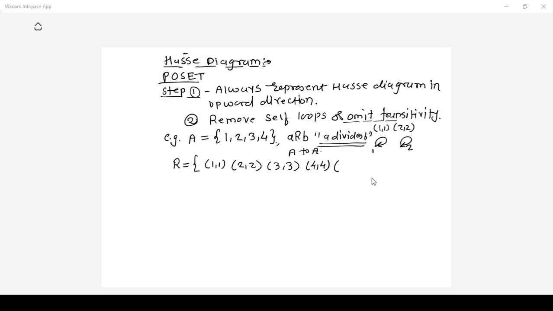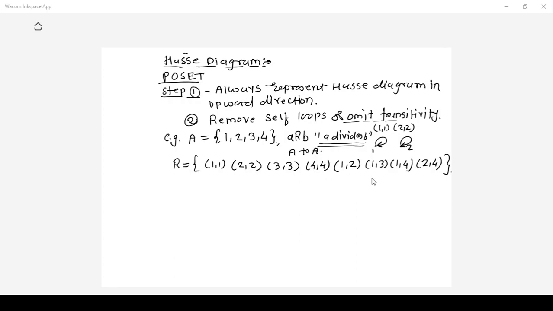Again 1 divides every element, so (1,2), (1,3), (1,4). Then 2 divides 4. Any more pairs possible? No. So this is my relation R.